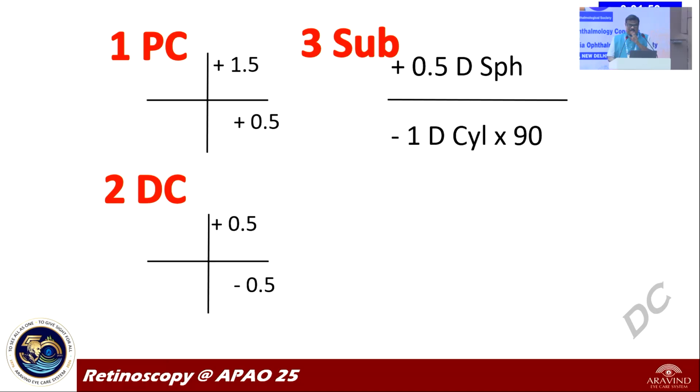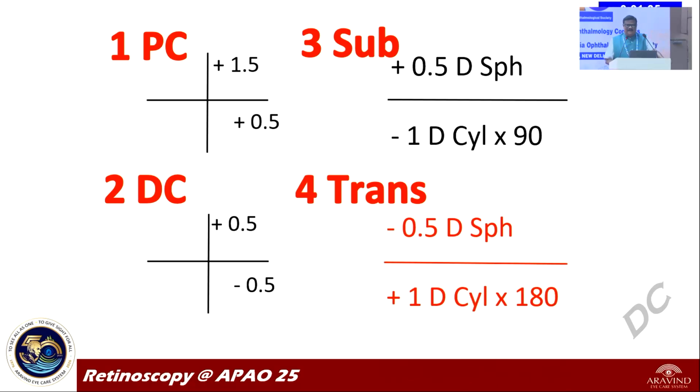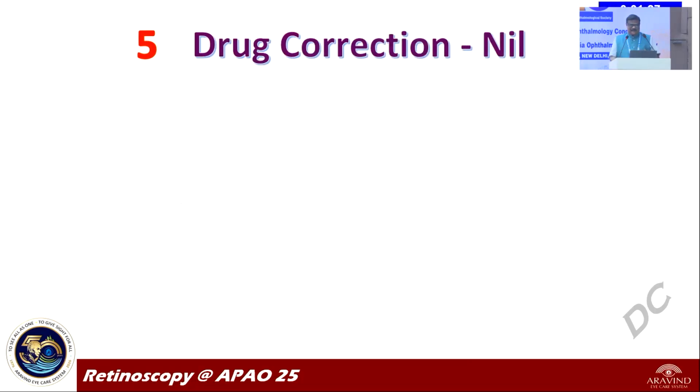So plus 0.5 is there all around, but I need minus 0.5 at 180. So I have to compromise that plus 0.5. So you add minus 1 at 90. By giving minus 1, you compromise that existing spherical and get minus 0.5. Then already you have a minus cylinder. Here it is not necessary to transpose because I want only a minus cylinder.